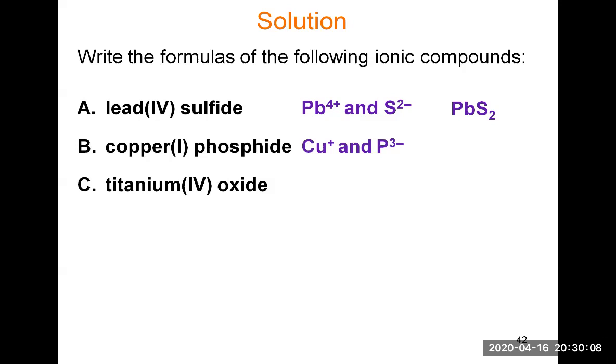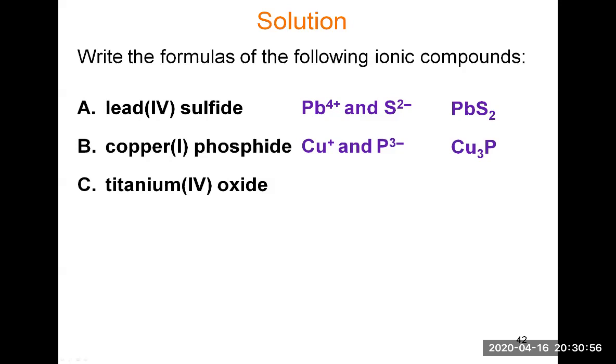If you do the crisscross trick now, the 3 from the 3 negative charges of phosphide becomes the subscript for copper, and the 1 from the positive charge of copper becomes the subscript for P. And so it becomes Cu3P. Cu3P is a neutral formula because if you check the charges, the phosphide ion carries 3 negative charges, and there are 3 coppers and they each have 1 positive charge.